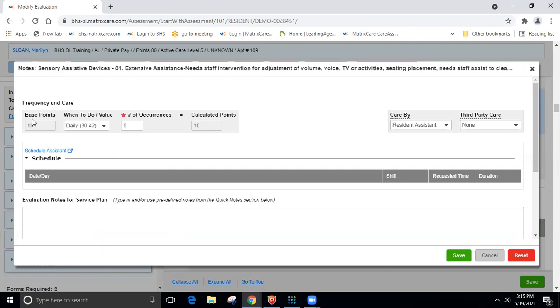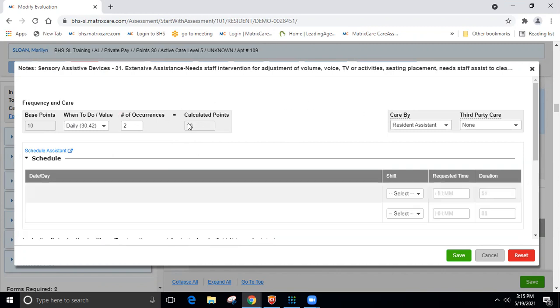Base points are 10 here for extensive assistance. So we're helping them because of their visual loss or their hearing loss. So maybe they need hearing aids or help with their glasses every day. And maybe we do it morning and night.